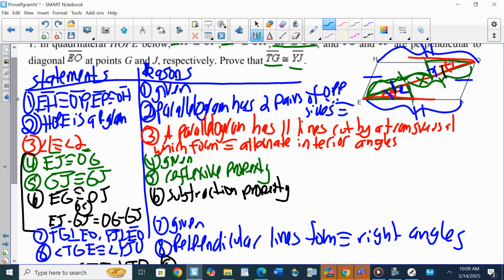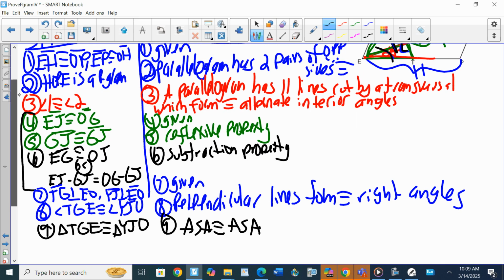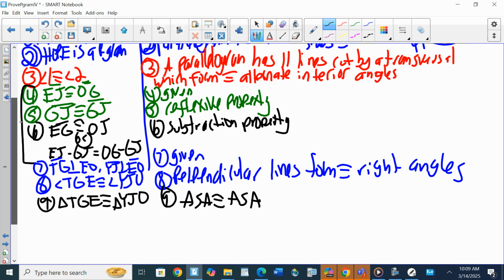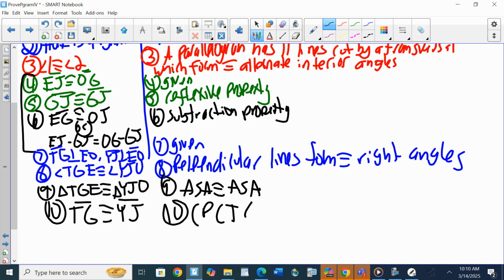Well, I marked angle, side, angle. So I have angle, side, angle is congruent to angle, side, angle. And now that the triangles are congruent, I've got TG congruent to YJ that they want me to prove. And the reason is CPCTC.